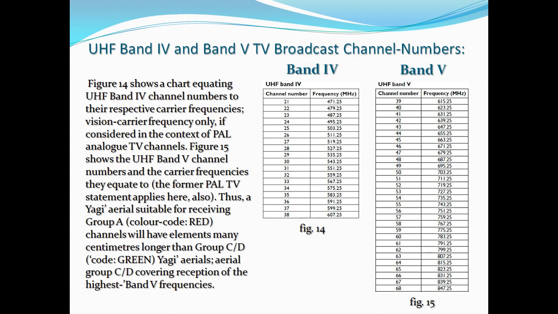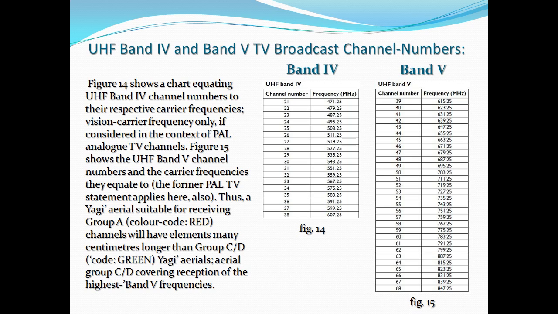UHF band 4 and 5 TV broadcast channel numbers. Figure 14 shows a chart equating UHF band 4 channel numbers to their respective carrier frequencies, vision carrier frequency only, if considered in the context of PAL analog TV channels.